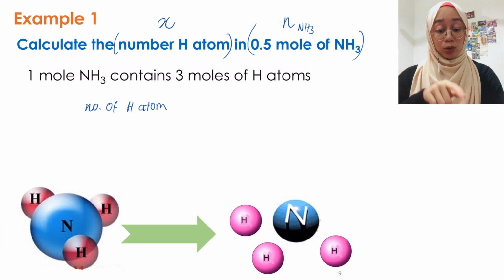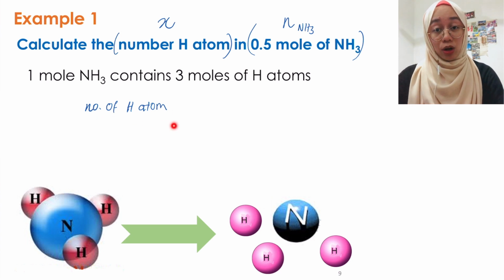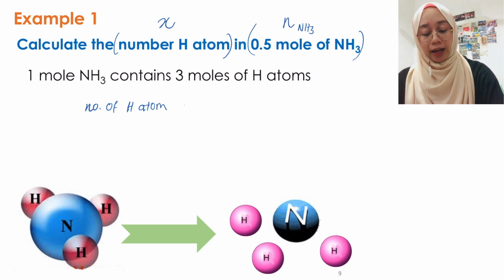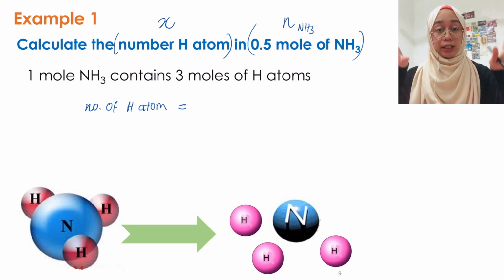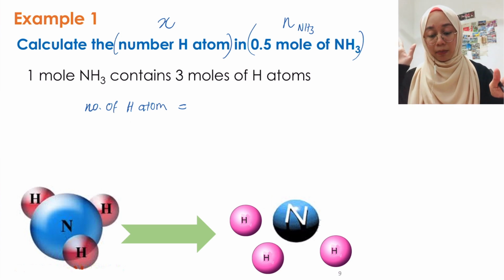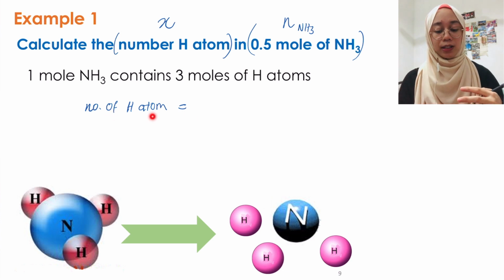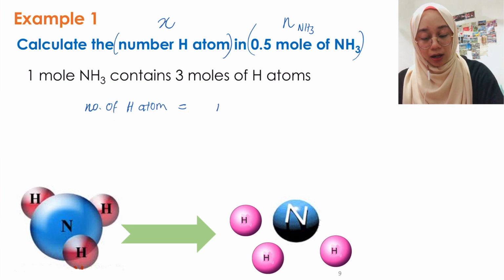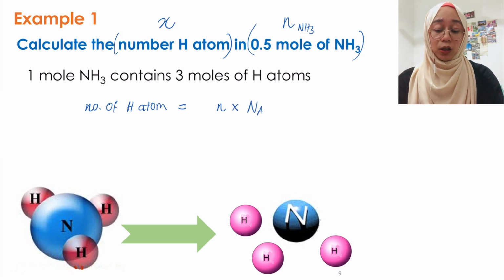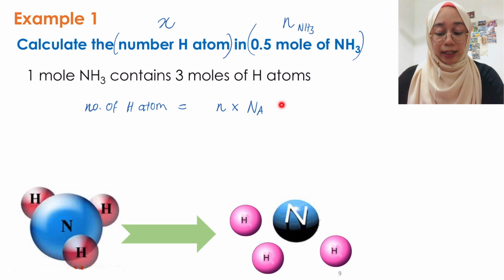Okay, so tulis kelas. Tulis benda depan ni supaya Miss tahu apa yang kamu nak kira. Okay, and kalau kita tengok tadi yang relationship antara mole, number of particles dengan Avogadro number, we know that the number of hydrogen atoms adalah bersamaan dengan mole darab dengan Avogadro number. Okay, so Avogadro number kita dah ada.